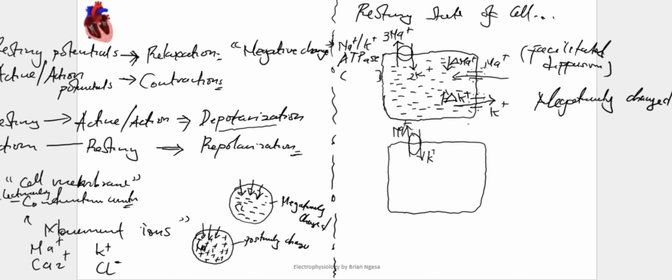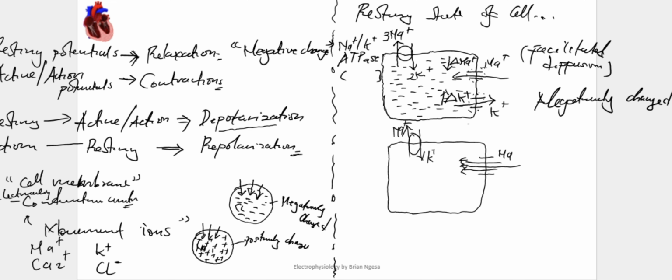In the depolarization state, the permeability of the cells to sodium normally increases. So for example, under some neuronal stimulus or chemical stimulus, the rate at which a cell is likely to take in sodium will increase. So that means the cell will take in more and more sodium than normal.